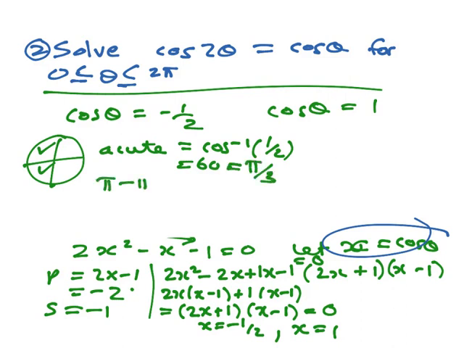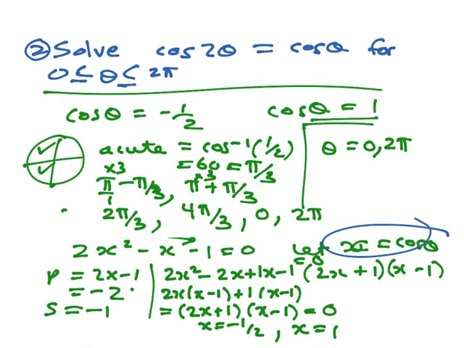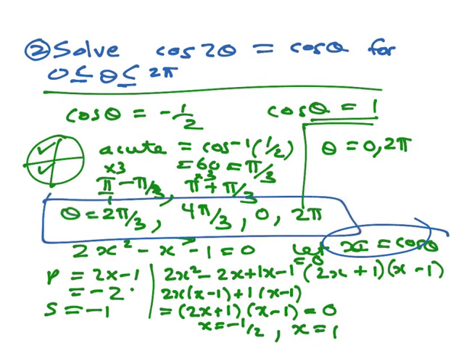So it's pi minus pi on 3 and pi plus pi on 3, or you could do it all in degrees and then change to radians. That gives 2 pi on 3 and 4 pi on 3. And cos theta equals 1 when theta is 0 and 360, which is 2 pi. So 0 and 2 pi. They are all of your answers, all the solutions in this domain.